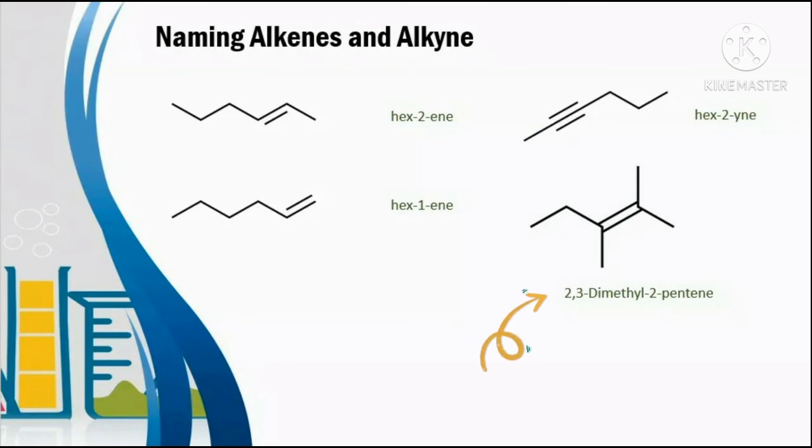The prefix di is used to indicate that there are 2 methyls along the chain. This will be followed by a dash, separating the number location of the double bond, and another dash to separate it from the name of the alkene, which is pentene.